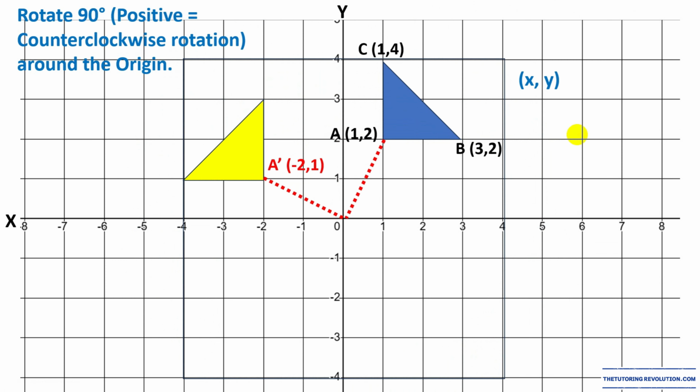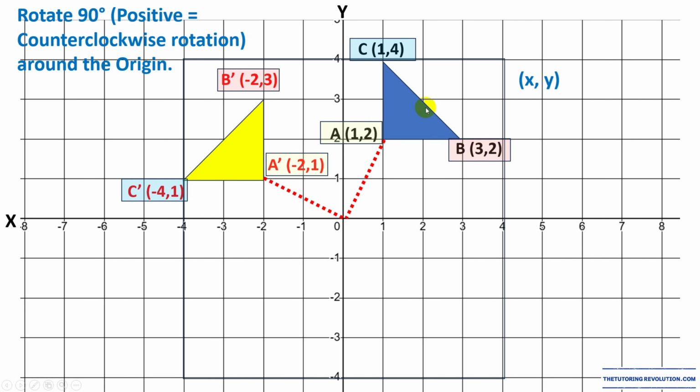Now, the coordinates for this triangle after the rotation are A prime, -2, 1, B prime, -2, 3, and C prime, -4, 1.